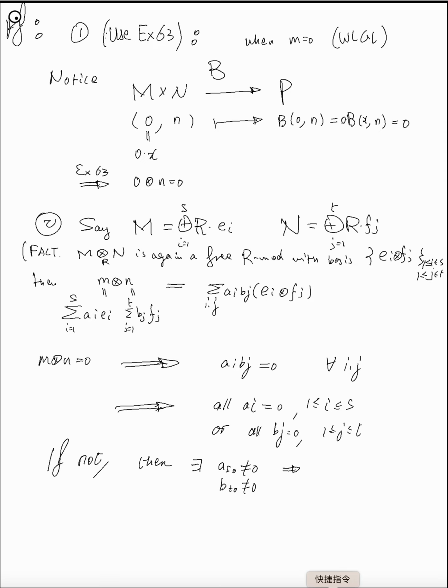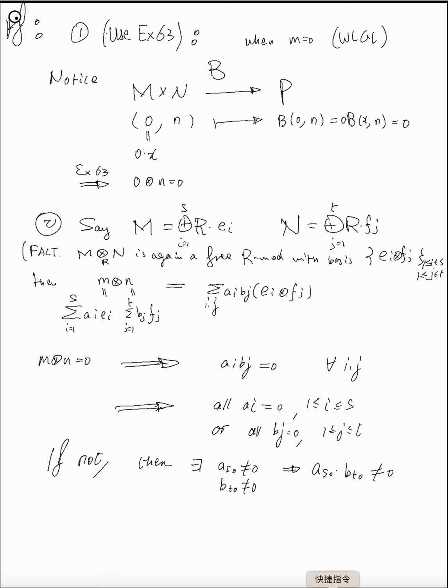So of course, when we're talking about free R modules, we're talking about R being an integral domain, otherwise you cannot define what is a free R module. There's no torsion in some sense. And so this is not zero.